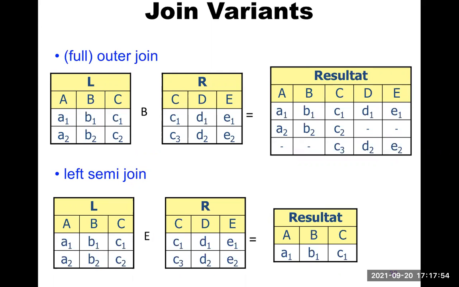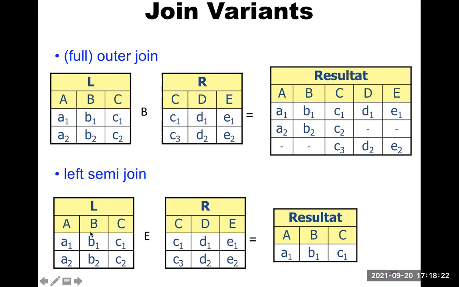And probably the last, not the last. Yes, that's a special operation called semi-join. Semi-join is an operation that just searches for a corresponding record, but doesn't include data from the corresponding record in the result. So if I perform left semi-join for these tables, the result is A1, B1, and C1.